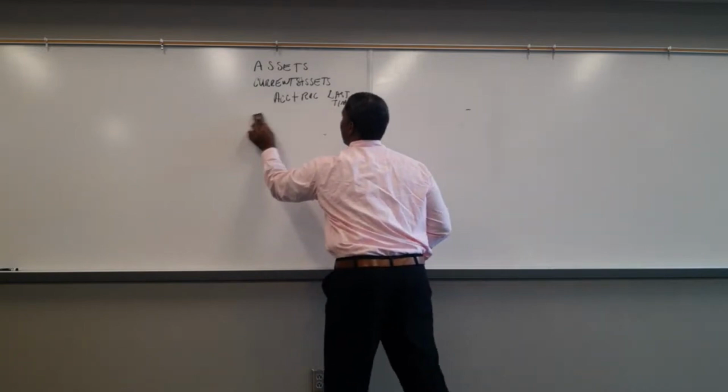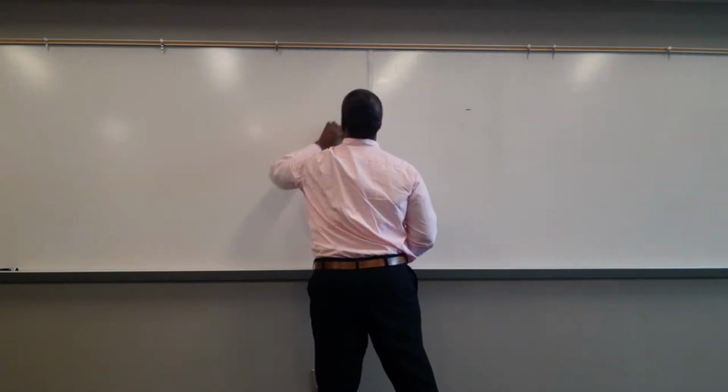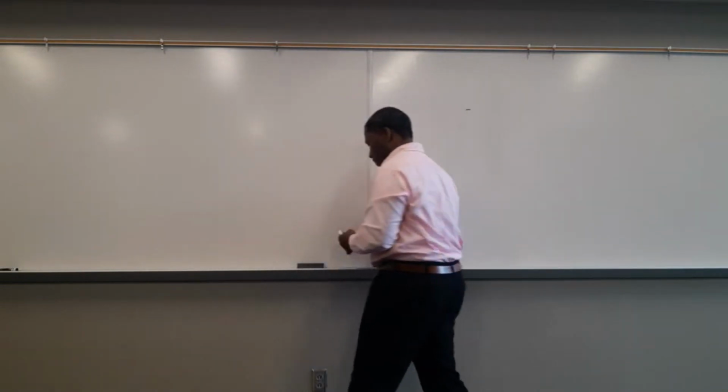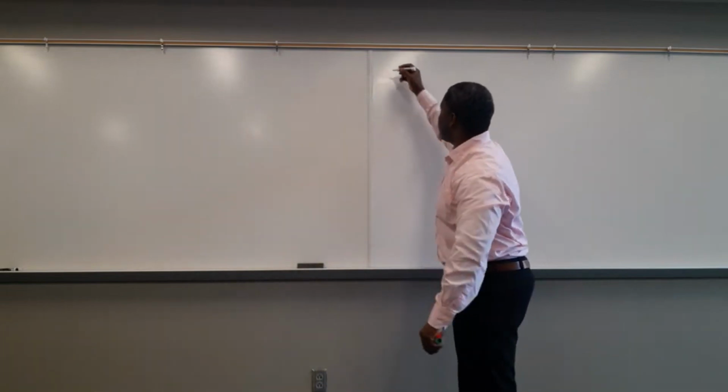Next, we're going to talk about a slightly different concept, okay? It still has to do with property, plant, and equipment, but I want to talk about a couple of concepts.